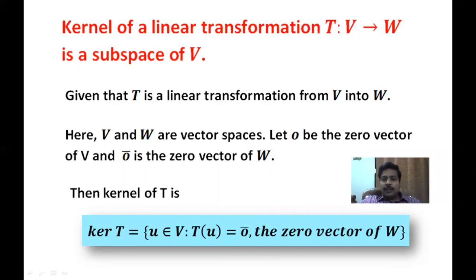Linear transformation is possible only between vector spaces. So V is a vector space and W is a vector space.